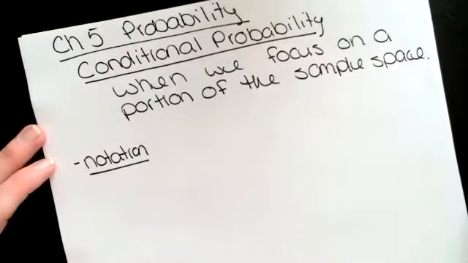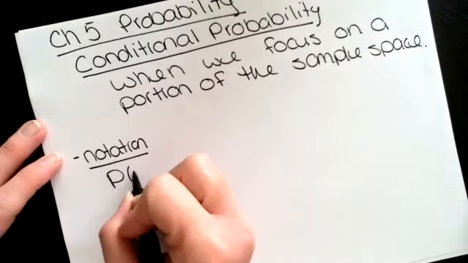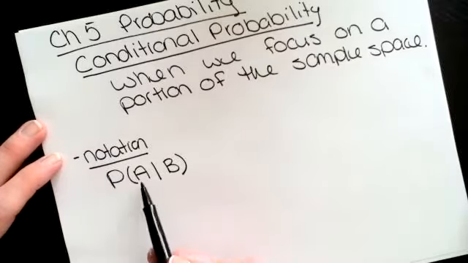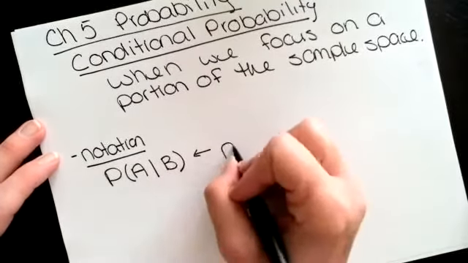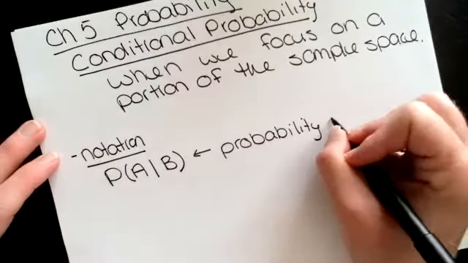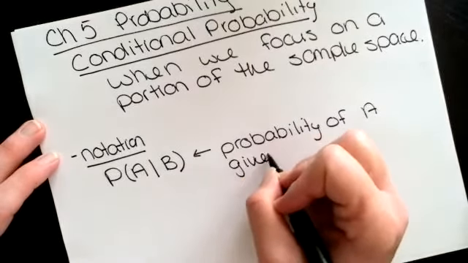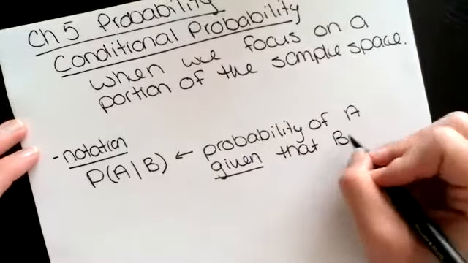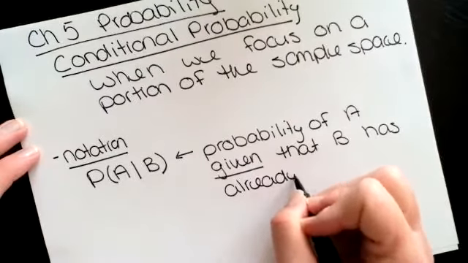And for our notation, we'll write probability of A with this vertical line and then B. So you'll notice we have two events here, event A and event B. And what this says right here is we have the probability of event A given that event B has already occurred.